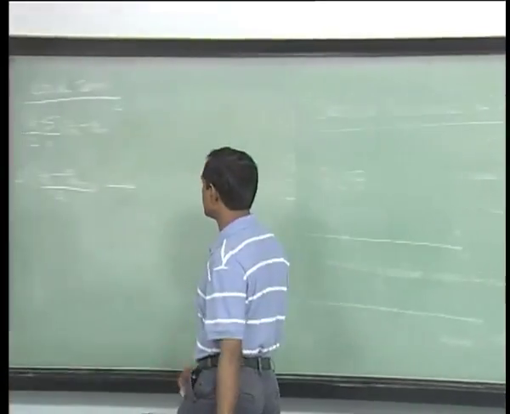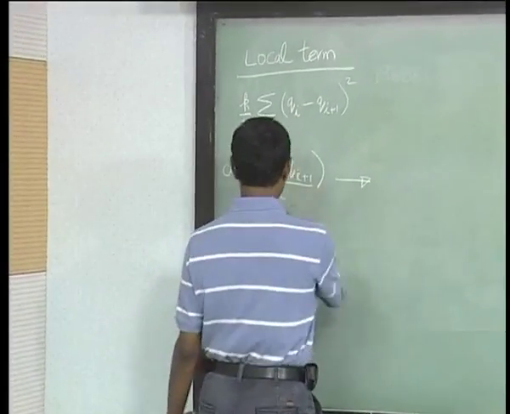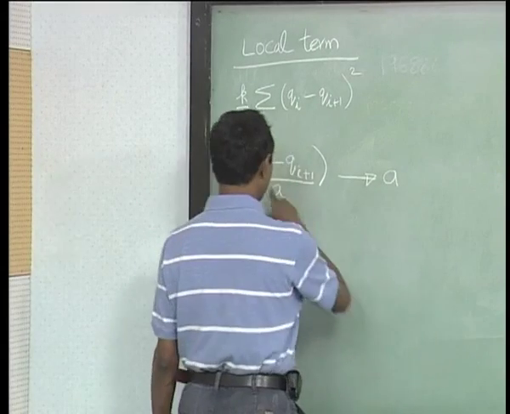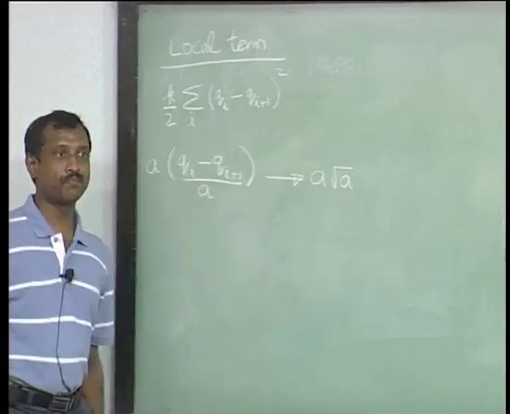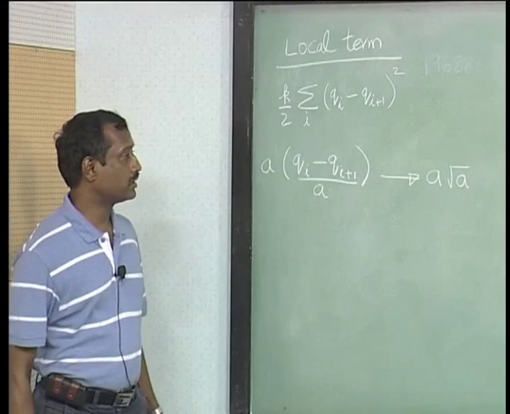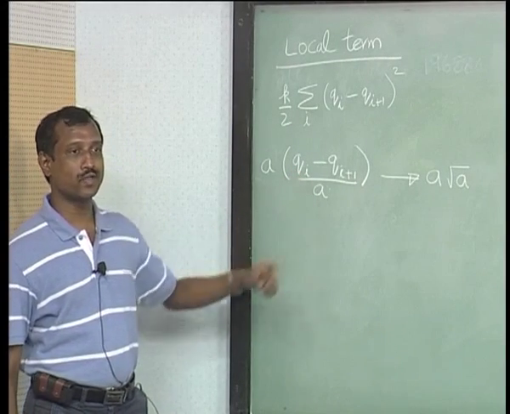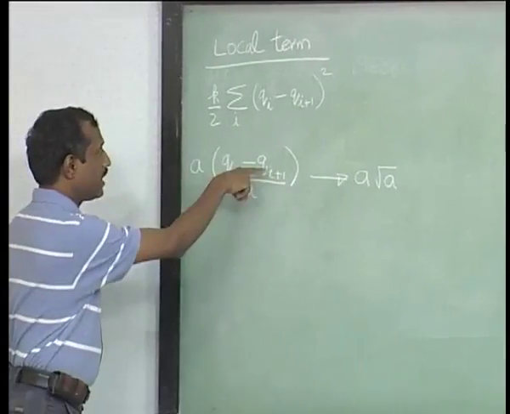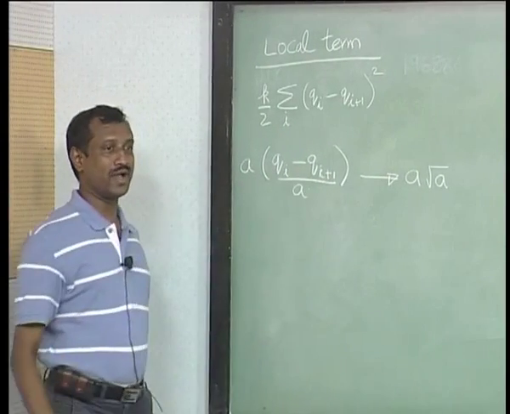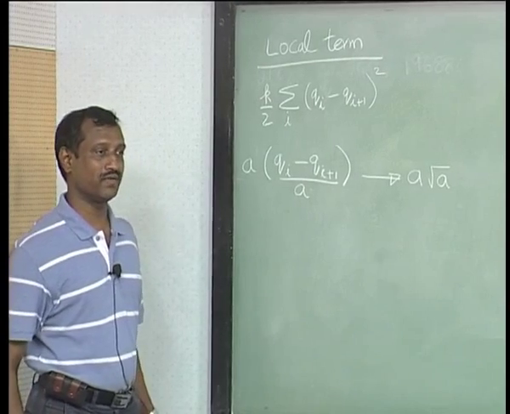So, this should become this: there is one a coming from here, and there is also a square root of a coming from the scaling which you need to go from q to phi. The way I have written it, it is q_i minus q_{i+1}, so that will be minus the derivative.